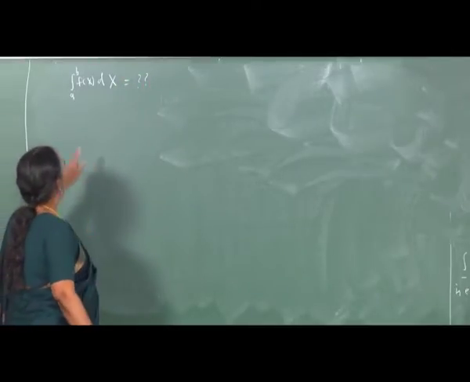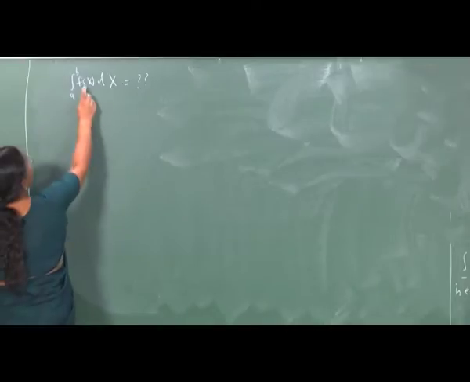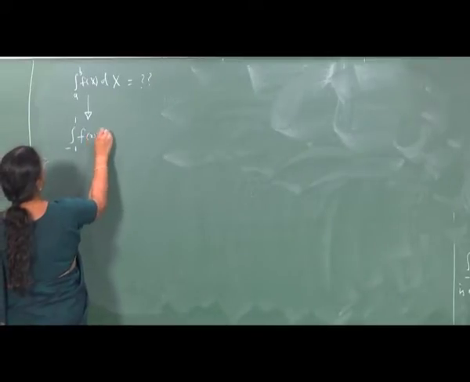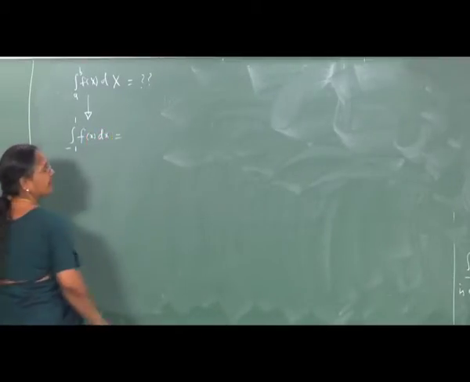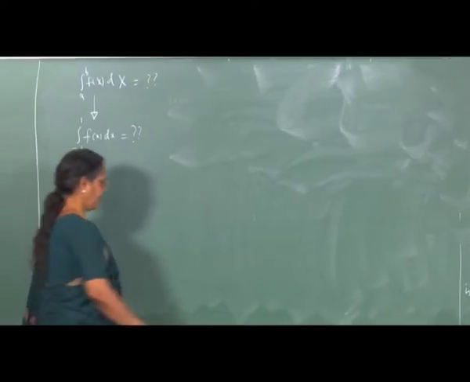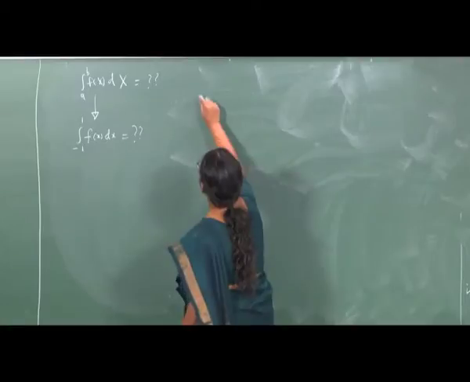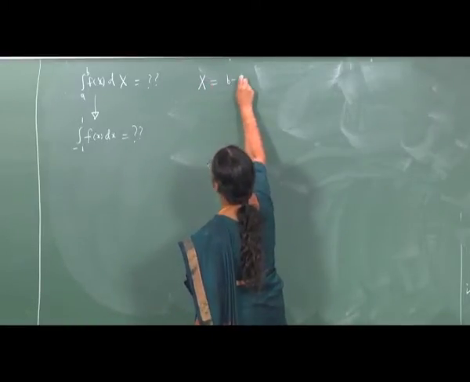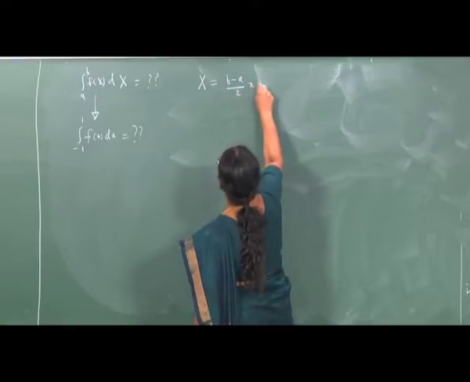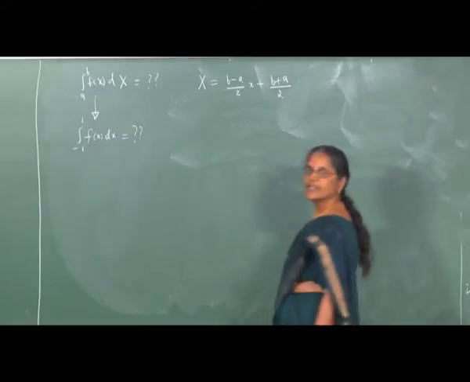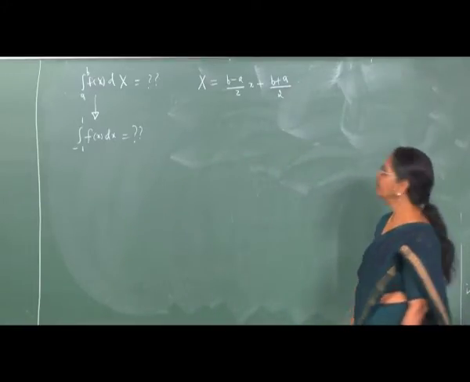I would like to convert this integral to the form integral minus 1 to 1, say f of x dx, and then evaluate it using Gaussian quadrature. So, we make use of this transformation. X is b minus a by 2 into x plus b plus a by 2. Let us see whether it works.